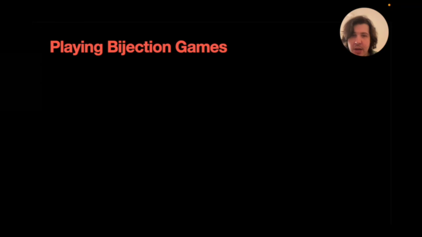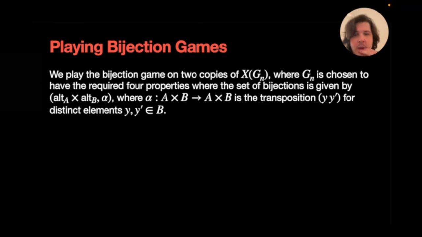So how do we actually play the bijection game? Well, let's first talk about what we want to prove. We play the bijection game on two copies of XGN. We can think of these as two different biadjacency matrices, or as two copies of the graph, where Gn is chosen to have the required four properties, and we just discussed how we can ensure that.